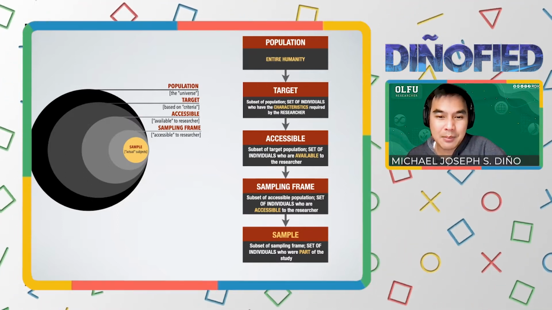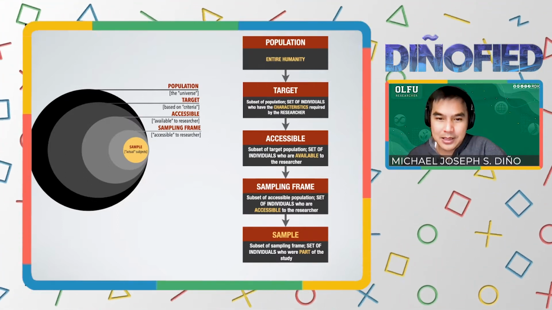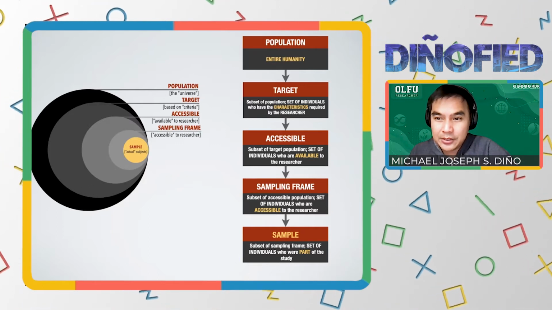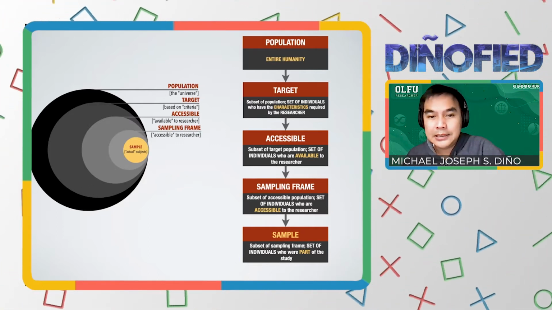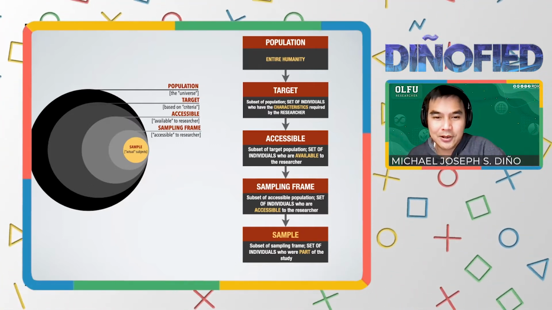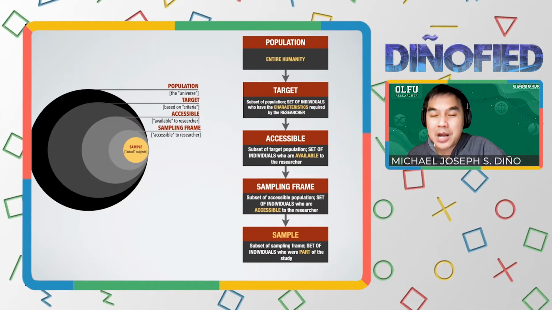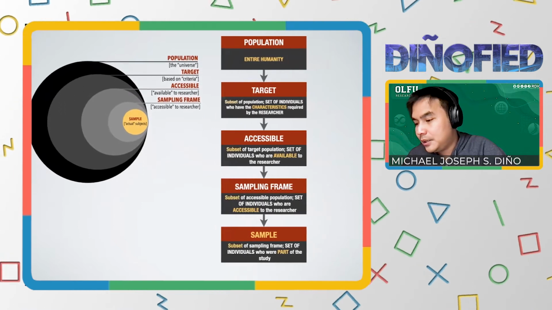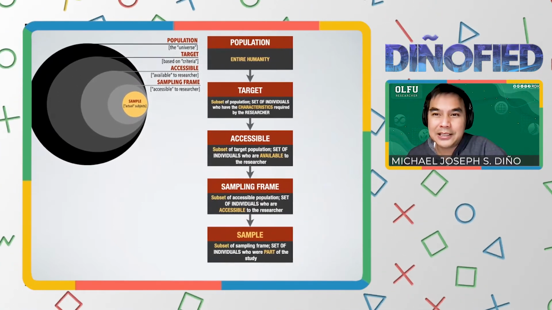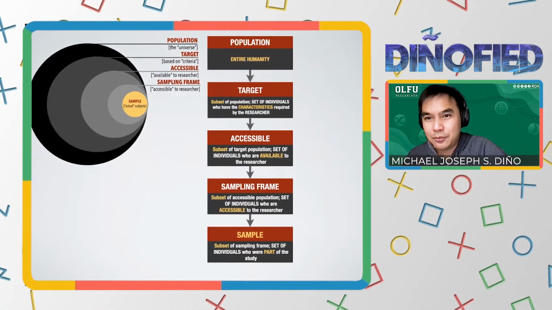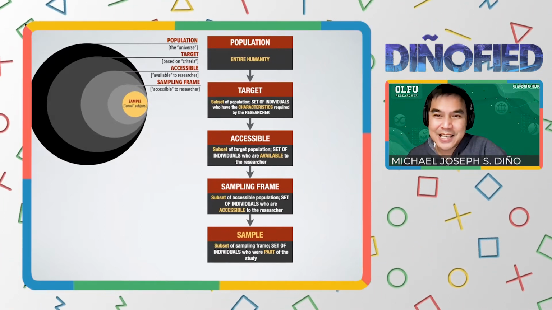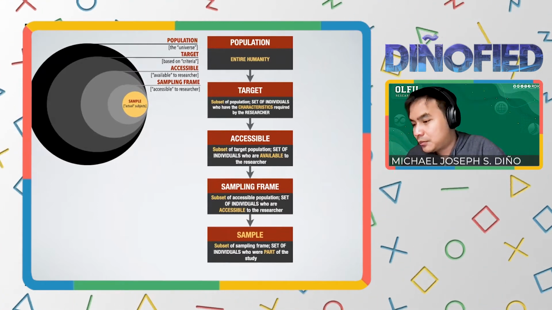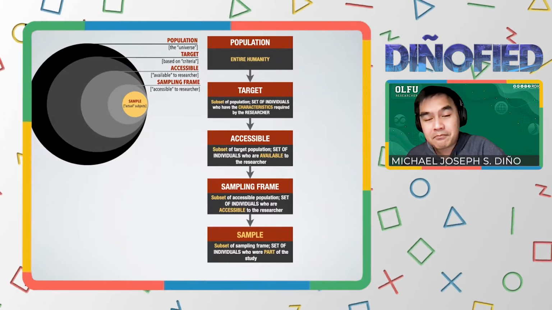So we call that the sampling frame. And the actual persons who participated in your study are what you call the sample. Okay? Or the process of extracting the sample from the sample frame is what you call what? Sampling. No? Yung proseso ng pagkuha ng sample from the sampling frame is what you call, of course, sampling.